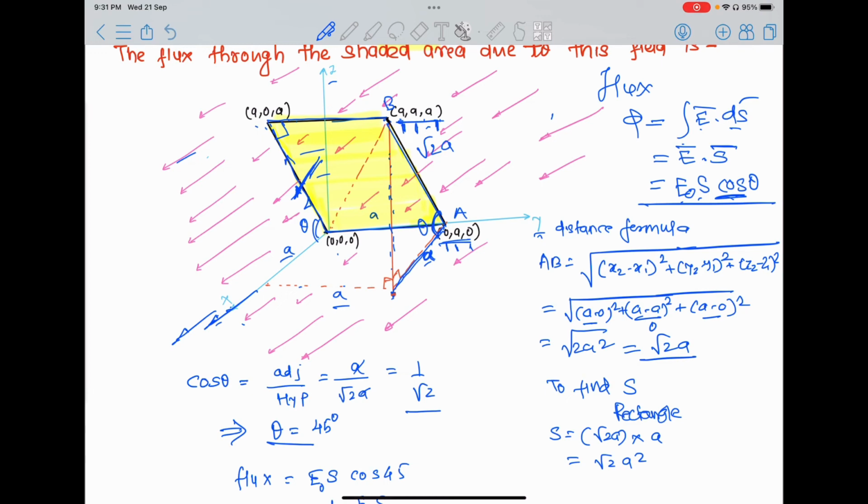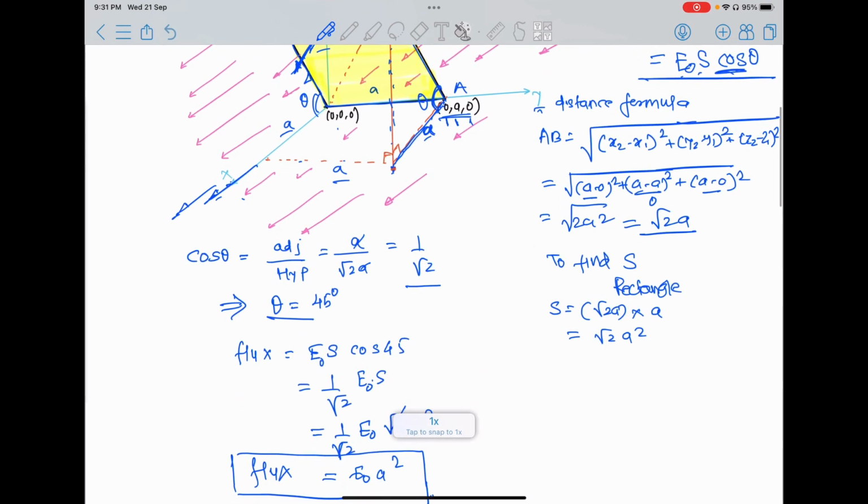At that time, the maximum flux would have been passing through that area, and it would simply be E bar dot S bar, and that cos theta will be 1 in that case. So it will be E naught times S, and S will be nothing but the total area of the rectangle, root 2 a square. So this is the maximum flux that could pass through this area.